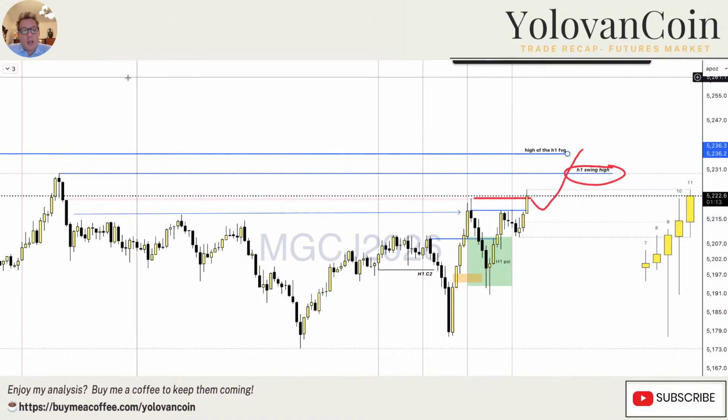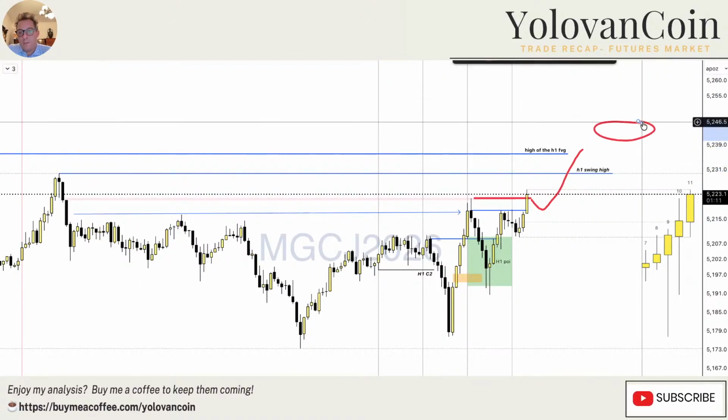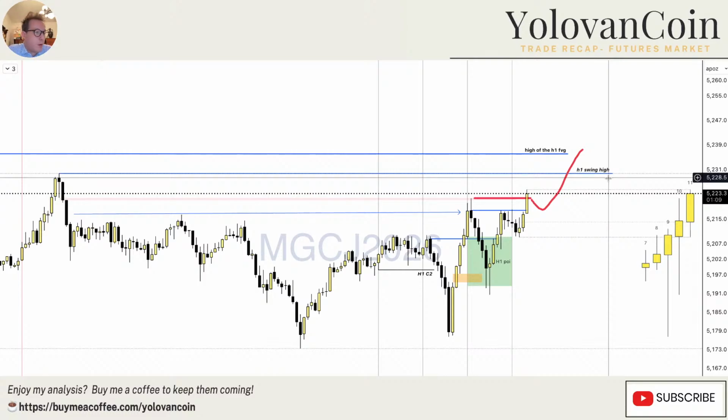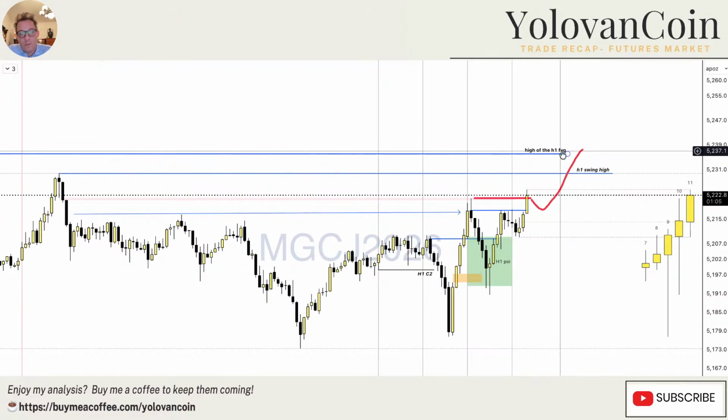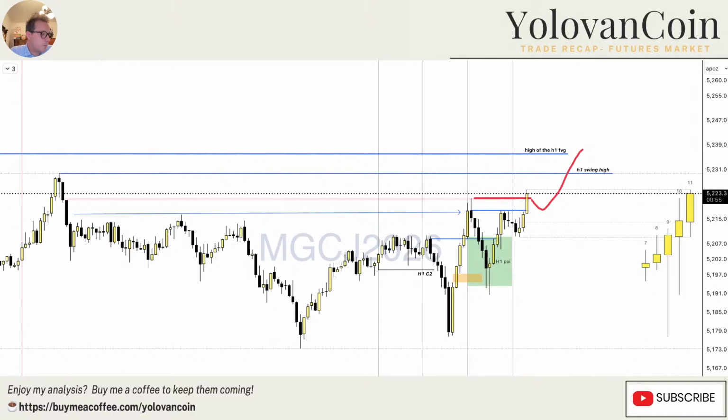Probably this swing high is gonna be taken, which is okay. If it's part of your strategy, that's good. And this high of the fair value gap as well can be taken. Are you gonna take the trade?